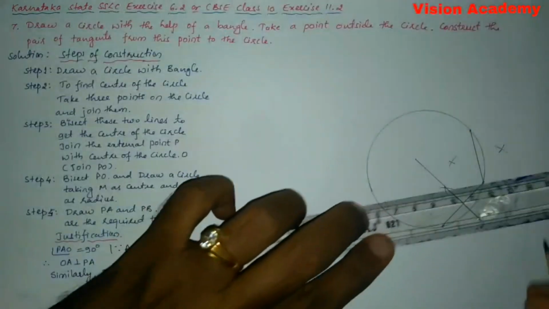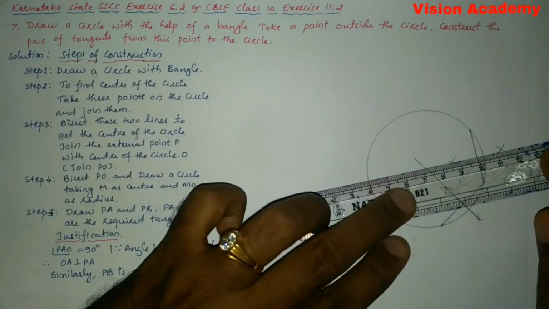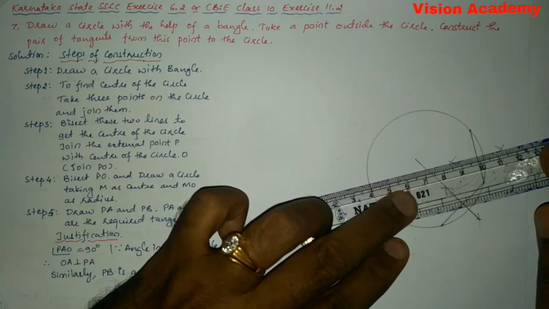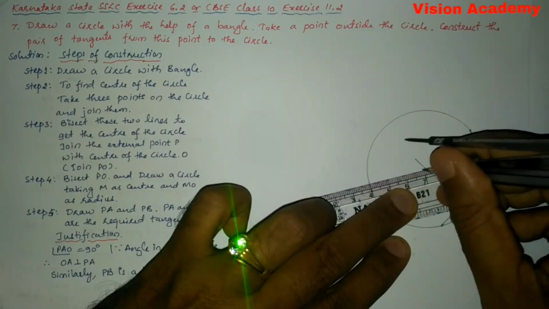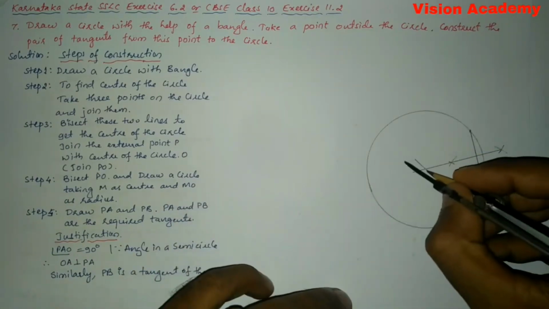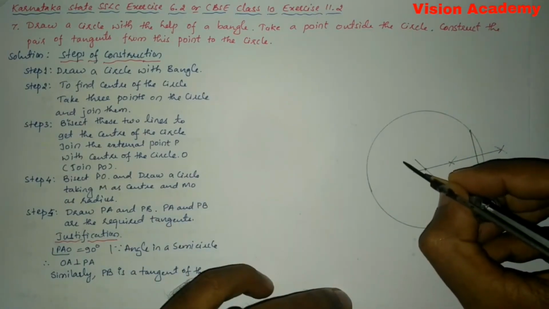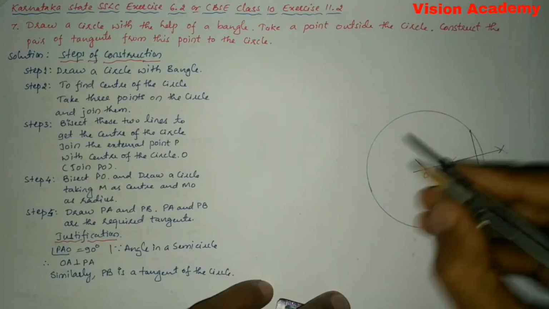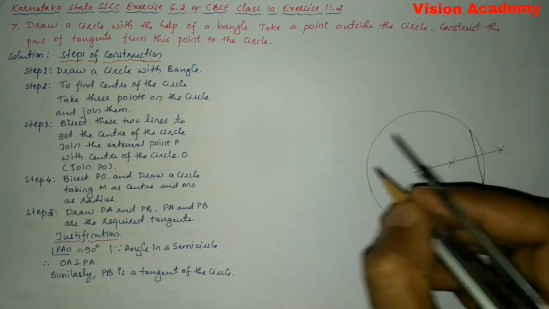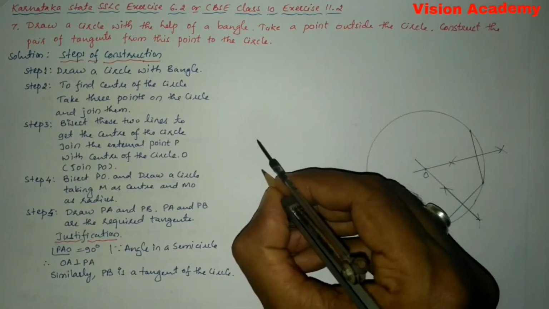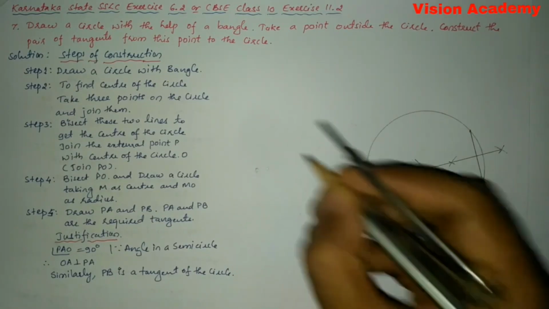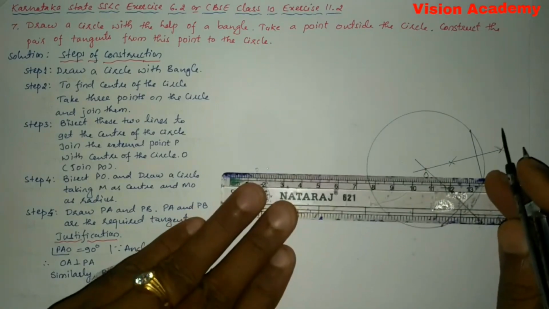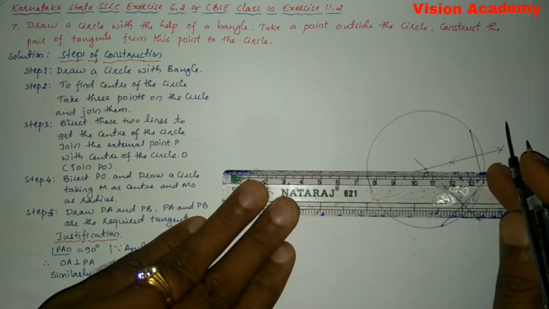So we got 2 points, and let us join both of these 2 points to get the center of the circle. So this is the center of the circle. Let us name this one as O, and here we need to draw one point, that is the external point. So let us take this point as P. Now we'll have to join PO.